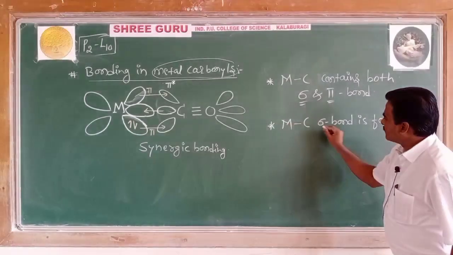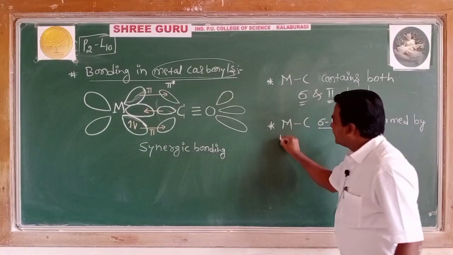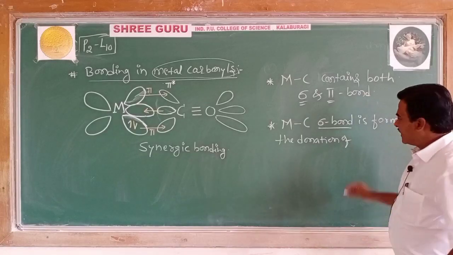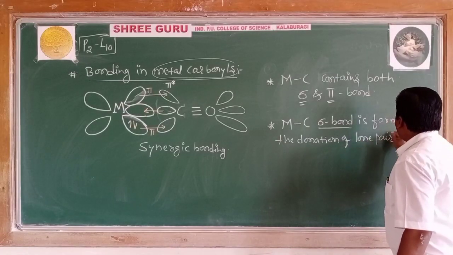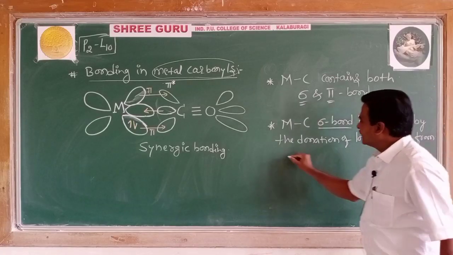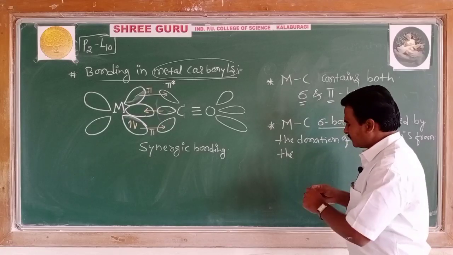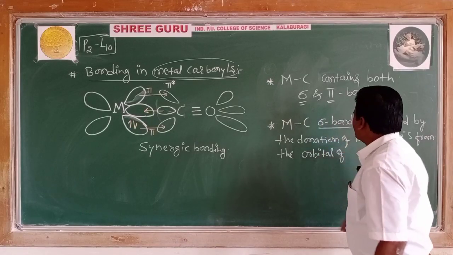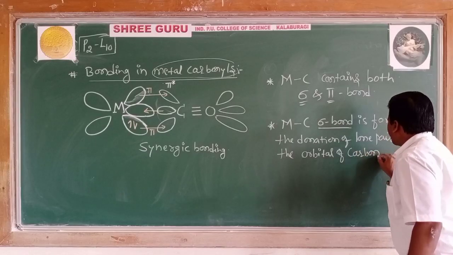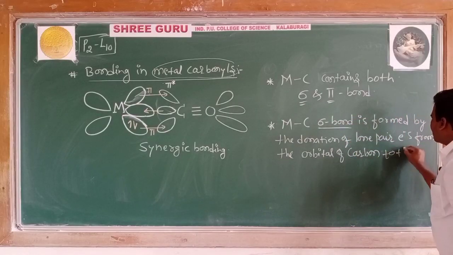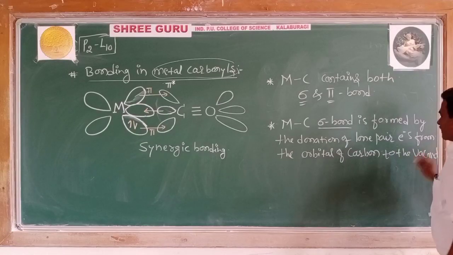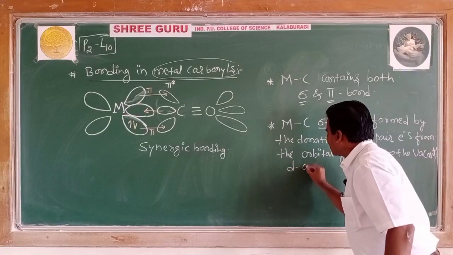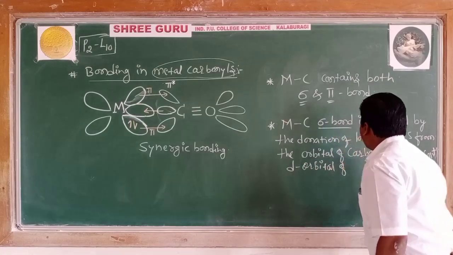Do you understand? The metal carbonyl sigma bond is formed by the donation of a lone pair of electrons from the orbital of carbon to the vacant d orbital of the metal ion.